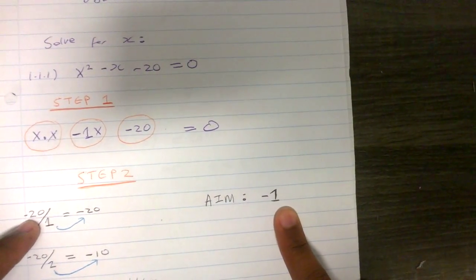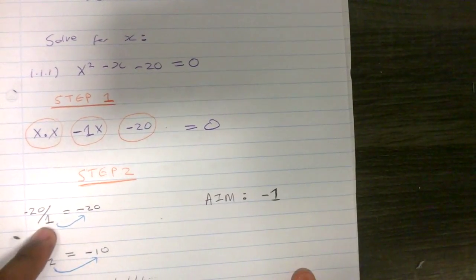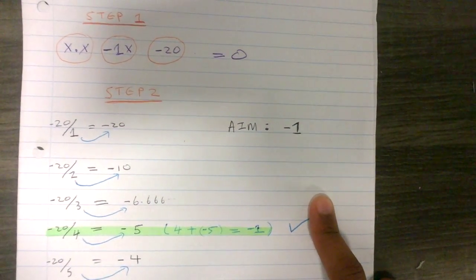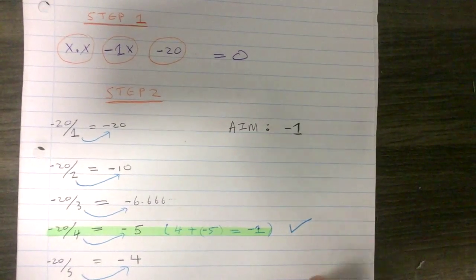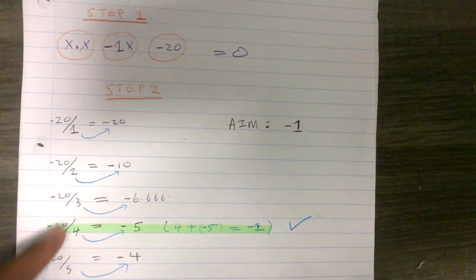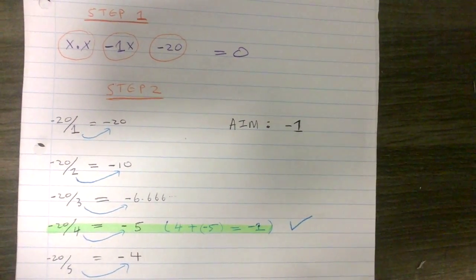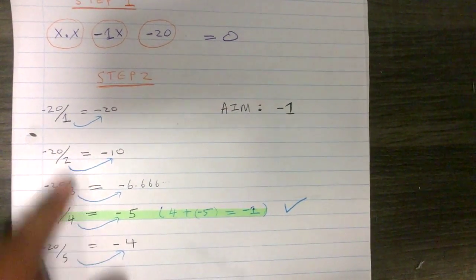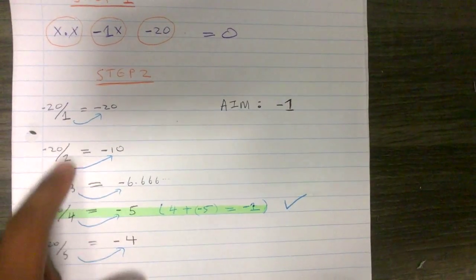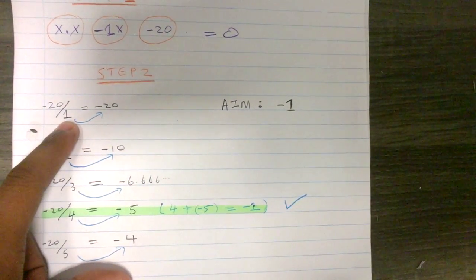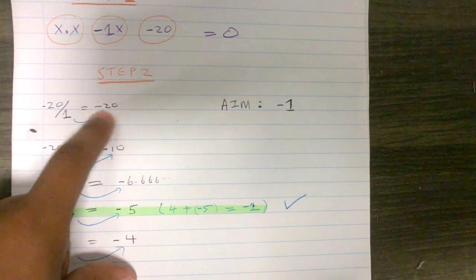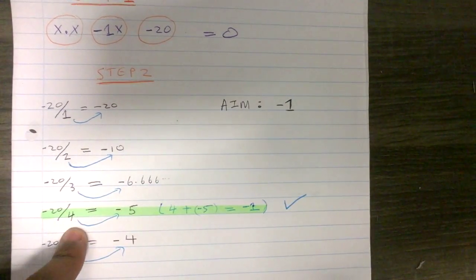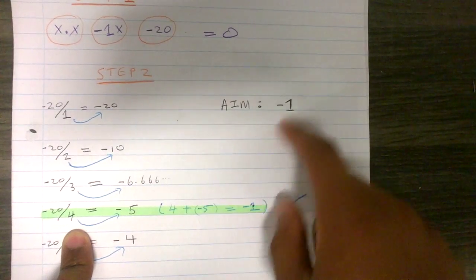And then you're going to take these constants, you first divide by 1, 2, 3, 4, 5, depending on the type of equation you're given, you might have to divide by more, but normally dividing up until 5 should be sufficient. And then you're going to look at your answers. Then you see the things that you divided by, you're going to add them to make sure you get to your aim.